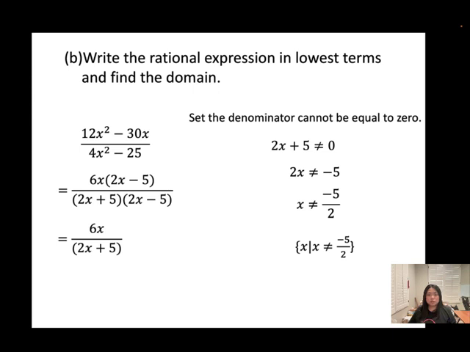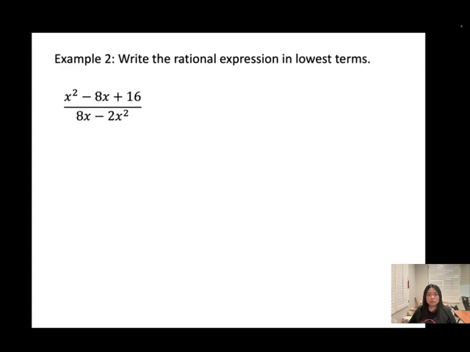Okay, try this one. This one I just need you to write in lowest terms. So you try to factor the trinomial and factor the binomial. You should be able to do it, right?